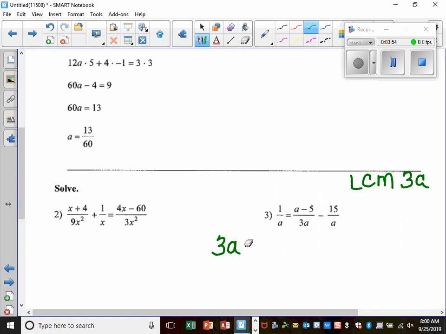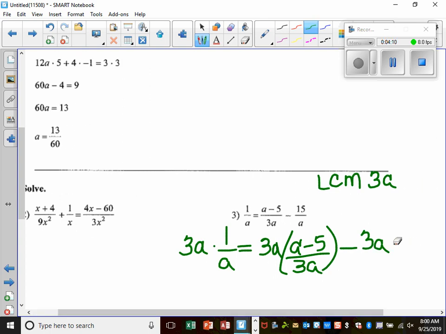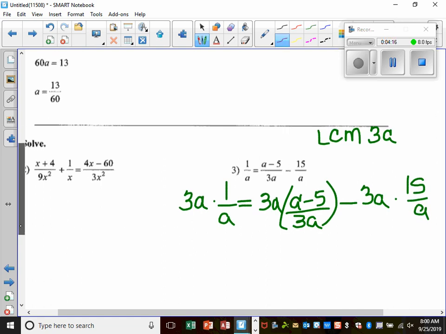So 3A times 1 over A, 3A times (A minus 5) over 3A, and 3A times 15 over A.